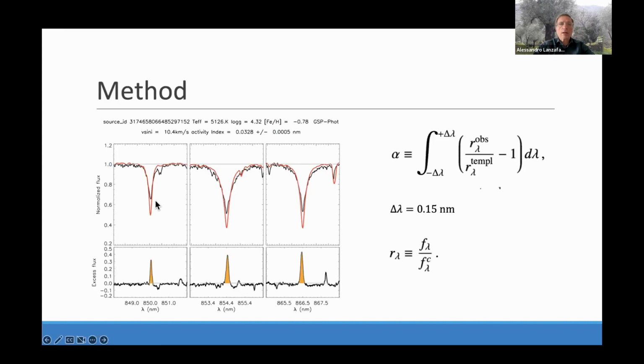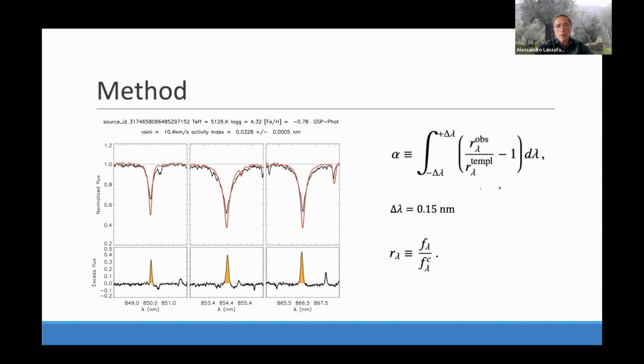Okay. So how did we derive this index, and how is this index defined? As you may know, there are several ways of giving the activity index of a star. For practical reasons, we choose essentially the excess equivalent width with respect to a radiative equilibrium synthetic spectrum.